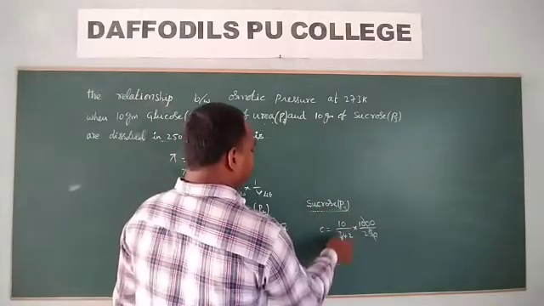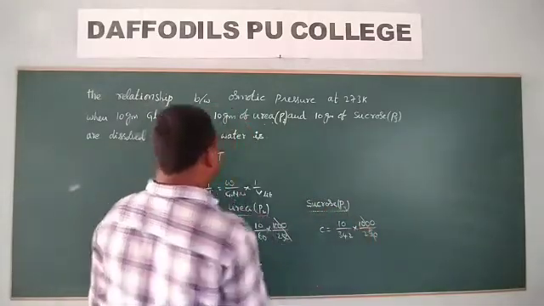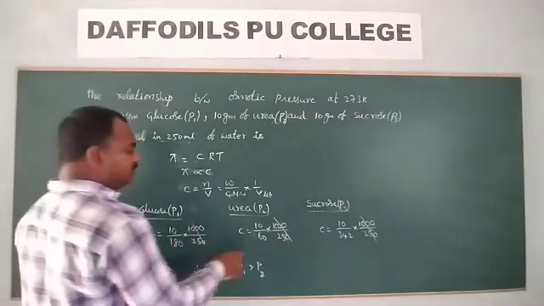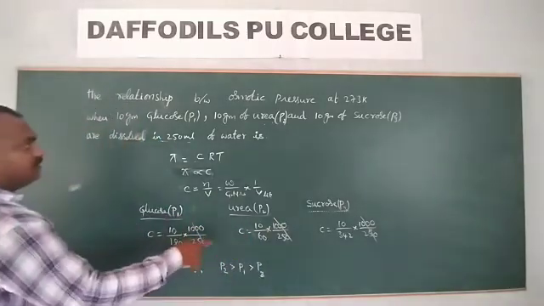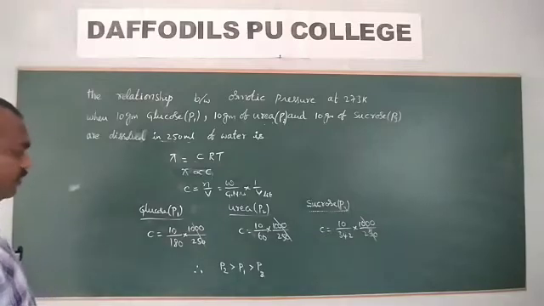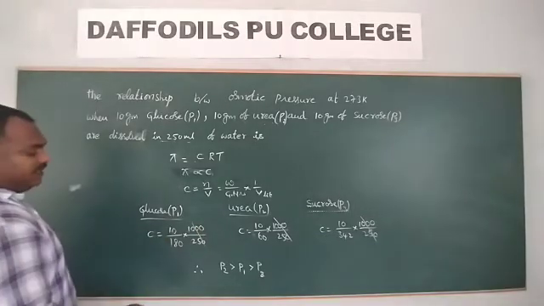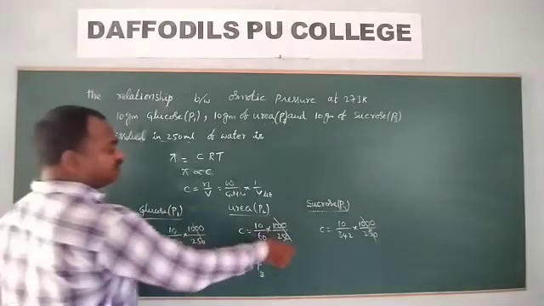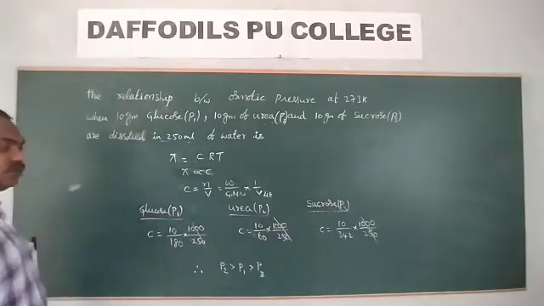For sucrose, P3, weight by gram molecular weight into 1000 by 250. All of these have the same 1000 by 250, so this gets cancelled. So here 10 by 180, 10 by 60 and 10 by 342.